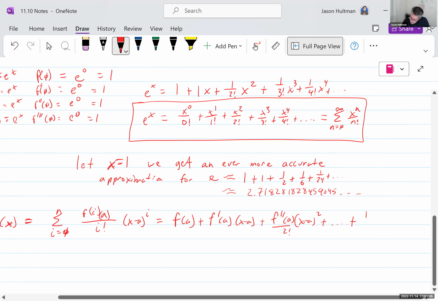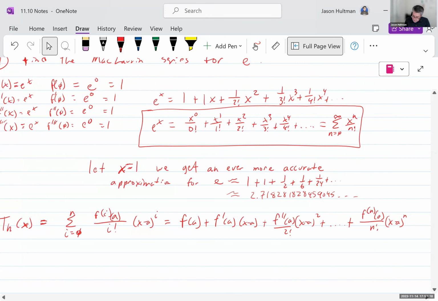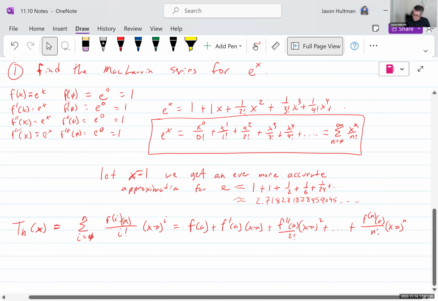It stops with what? It stops with the nth derivative at a over n factorial times x minus a to the nth power. It cuts off right there. We just tell it how many terms we want to go out.